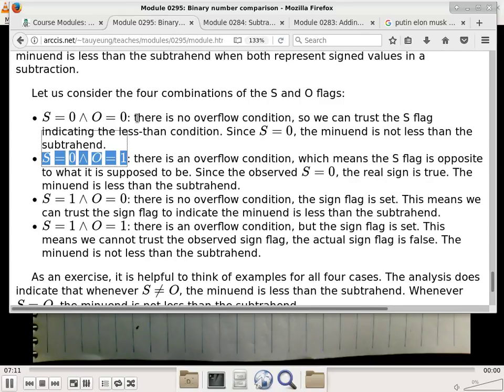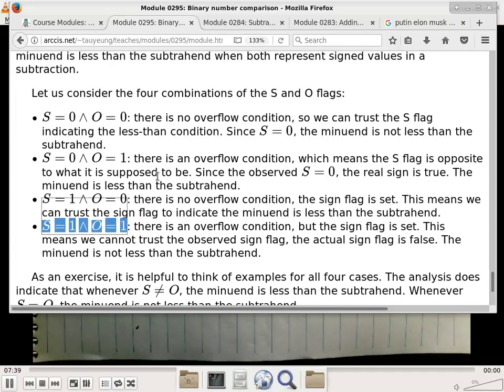And then the last one is when we have both the sign flag being a 1 and the overflow flag also being a 1. In that case, the sign flag is a 1, but it is wrong, which means it is supposed to be a 0. So in this case, it is not less than. Which one's the subtrahend and which one's the minuend? If you have x minus y, x is the minuend, and y is the subtrahend.